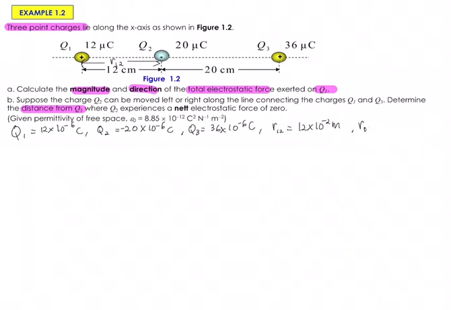R13 is 12 plus 20 cm, so 32 times 10 power of negative 2 meters. R13 is between Q1 and Q3.